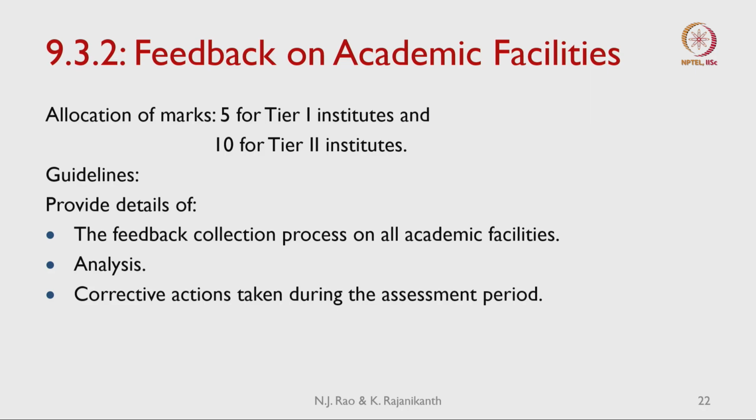Academic facilities would include the library facilities, the laboratory facilities, the classroom facilities, the teaching aids that are available; all these things will come under the academic facilities. And then what are the mechanisms by which this data is analyzed? So, the analysis process, then corrective actions taken during the assessment period.